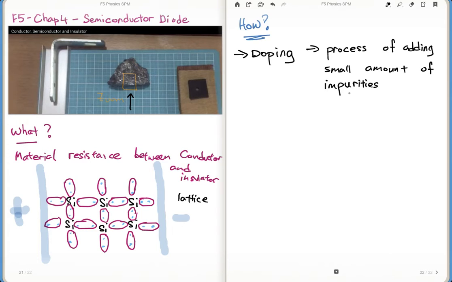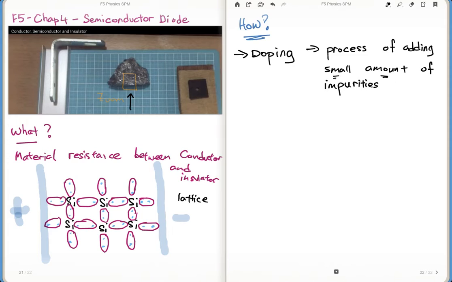What does it mean by impurities? Impurities are those materials that don't belong to the major material. Say here, this whole piece of material is silicon. Impurities would be maybe you add in ferrum, or you add in aluminium into this piece of material. Then the aluminium would be an impurity. Now, what does it mean by small?